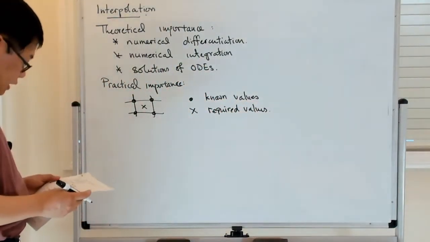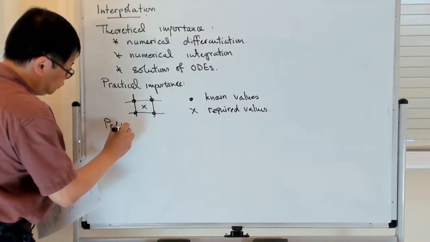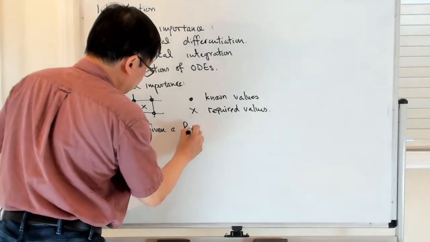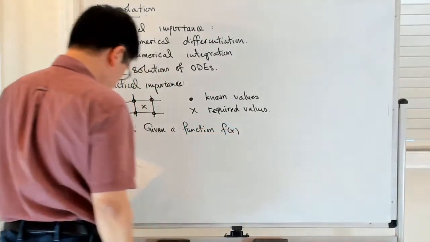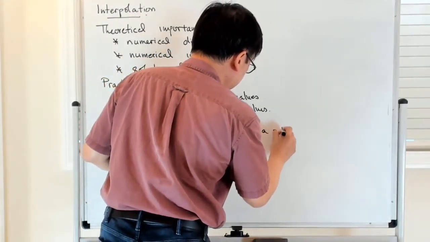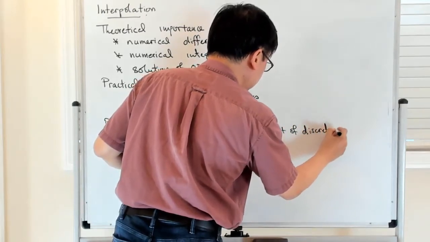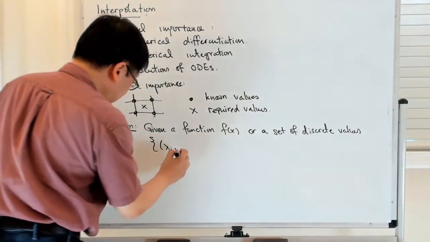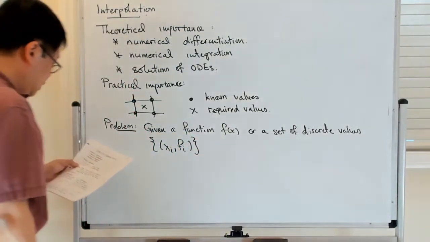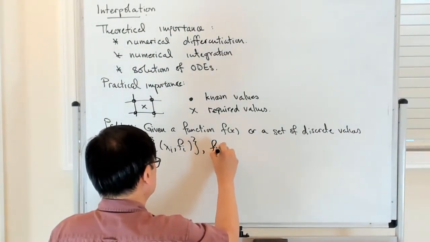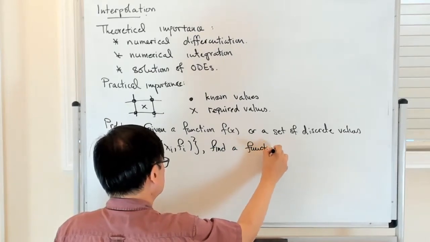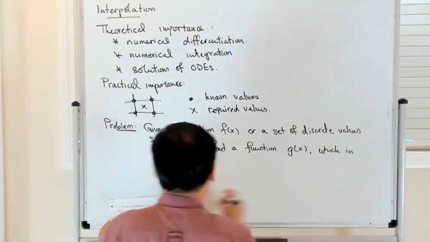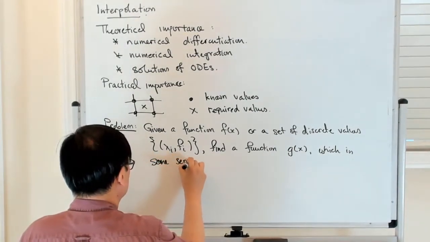So let me try to state the problem a little bit more precisely. If you're given a function, let's say f of x, or a set of discrete values, what I mean is I give you x_i and the function value at that point, f_i, I want to find a function, let's call that g of x, which in some sense approximates f of x.